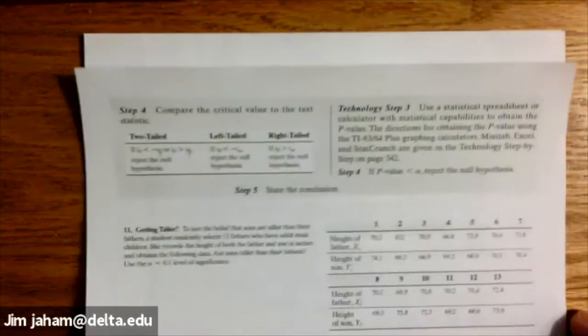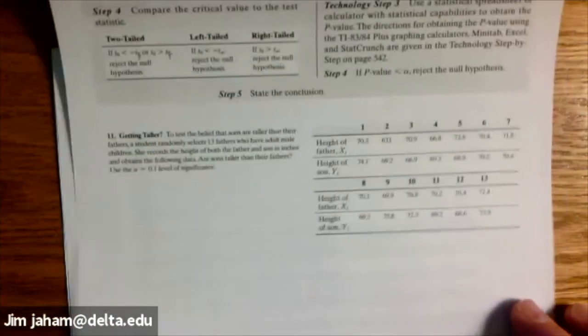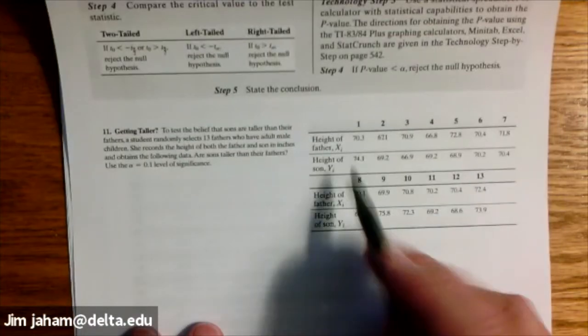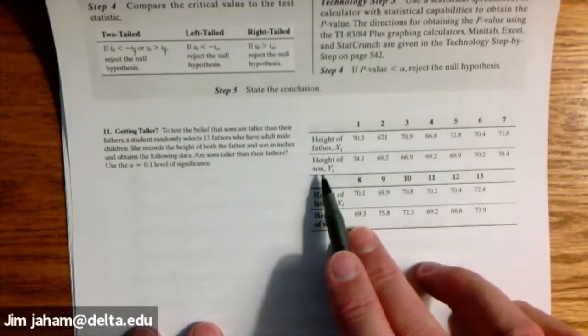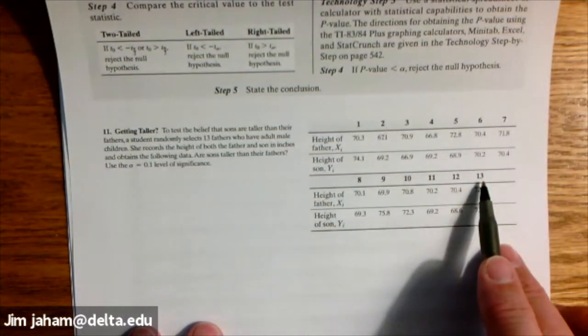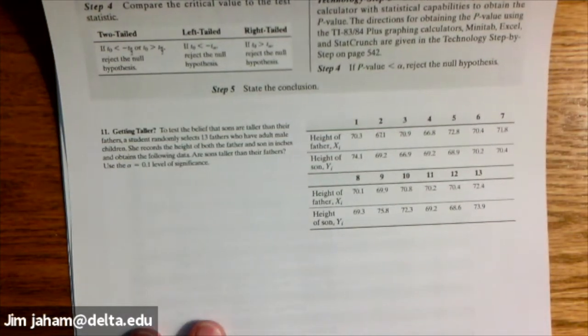All right, on the next page, I give you a couple of problems. And this one is called Getting Taller. They've measured the heights of the father and the heights of the son. And you have 13 different pairs of father-son combinations.